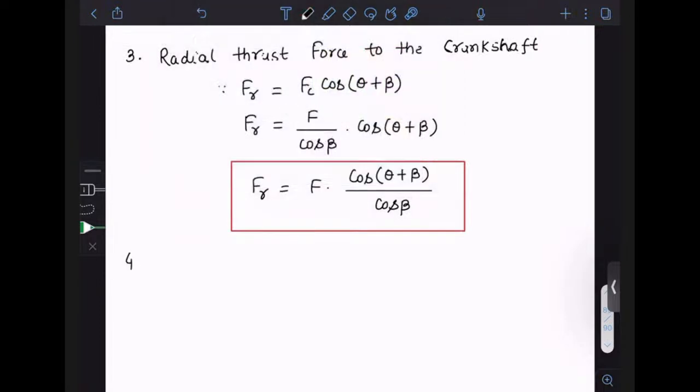Fourth, the tangential force acting on the crank.